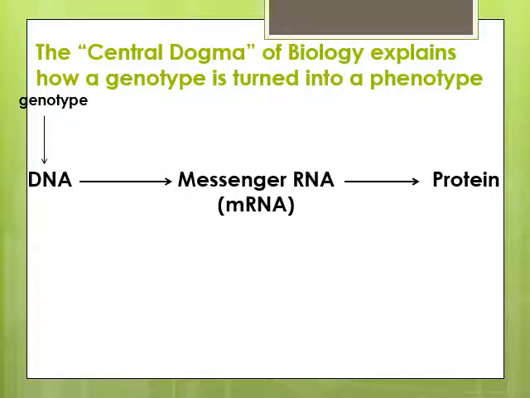So a genotype, that little capital A, little a that I just wrote, that's a genotype, right? That's a gene that has different alleles. That's our genotype. We want to get all the way to a phenotype. A phenotype would be the antithrombin protein, okay? This is oftentimes something you can see, oftentimes something you can't see.